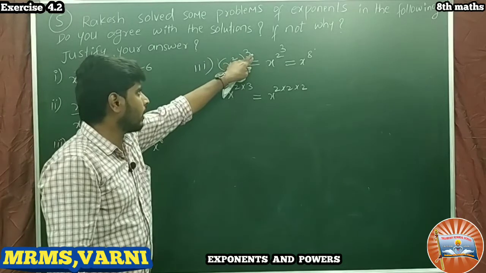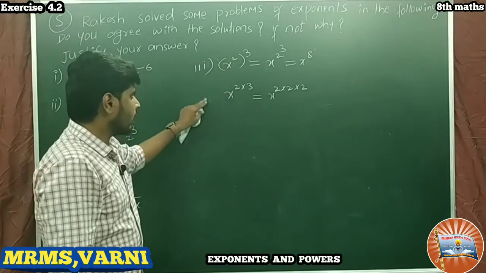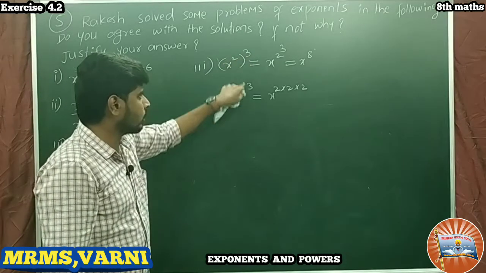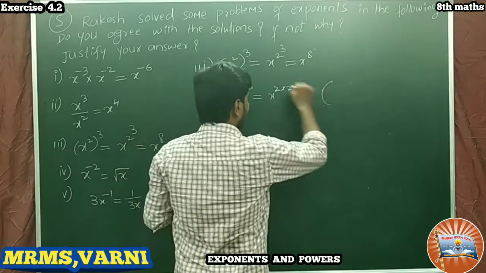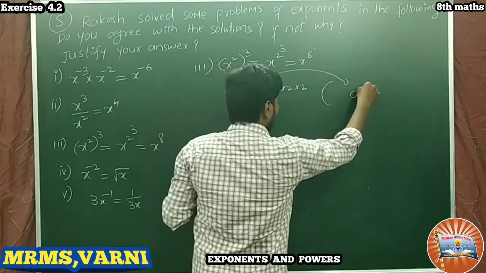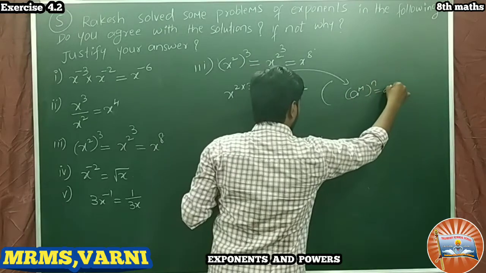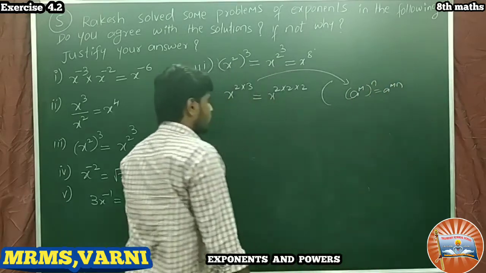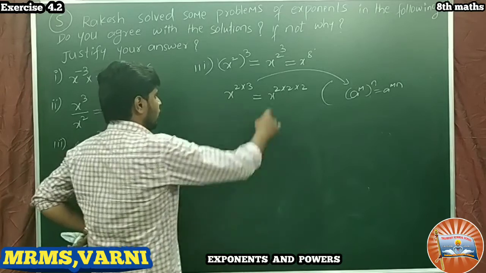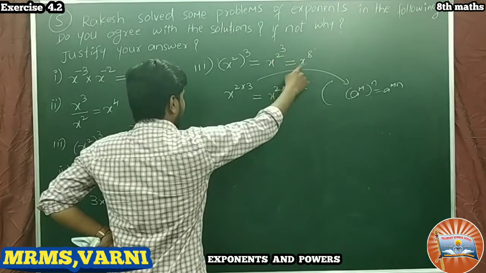This 3 belongs to this x also. So x power 2 whole power 3 becomes, which formula? a power m whole power n is equal to a power mn formula I have used.